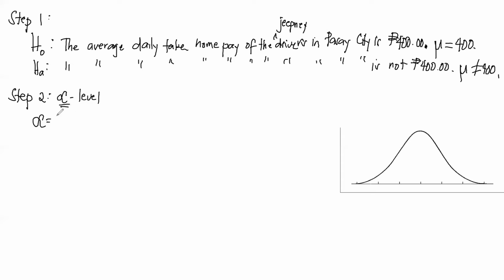And based on the problem given, our alpha level or significance level is 0.05. Okay, let's proceed to step number 3.